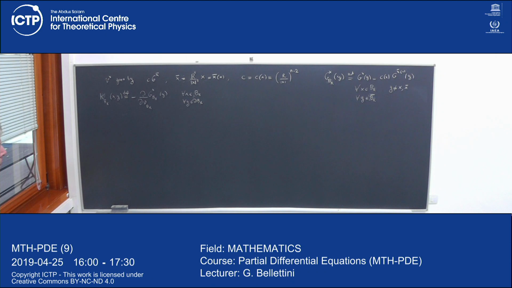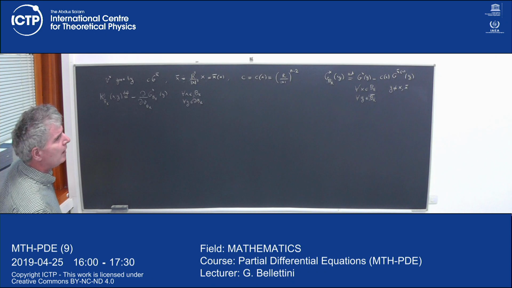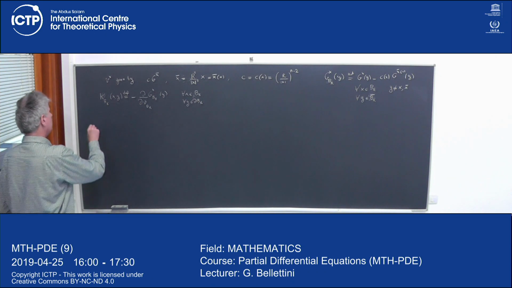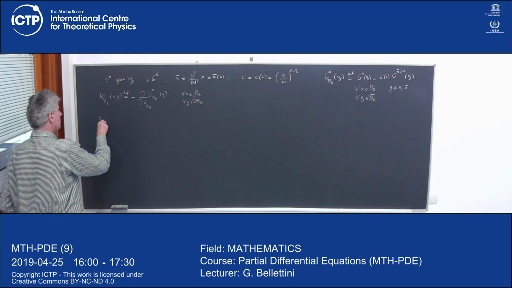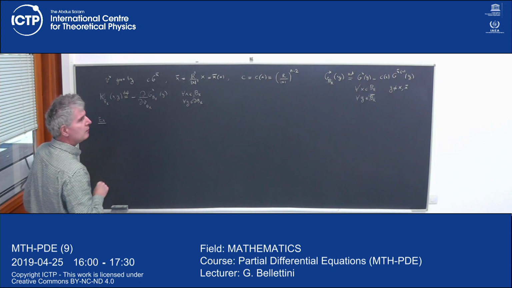Okay. Now, there was a couple of exercises yesterday. I think that one was on the symmetry. Did you try to do this? So it was symmetry of that object there.